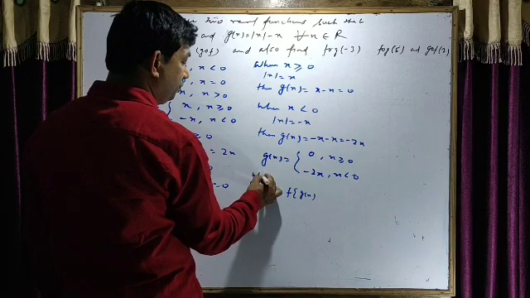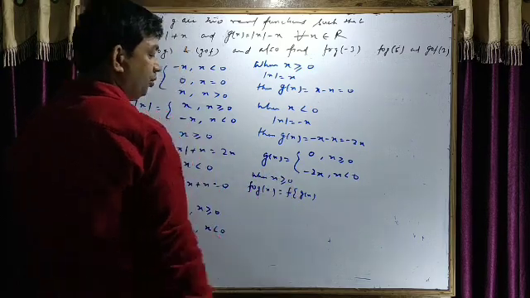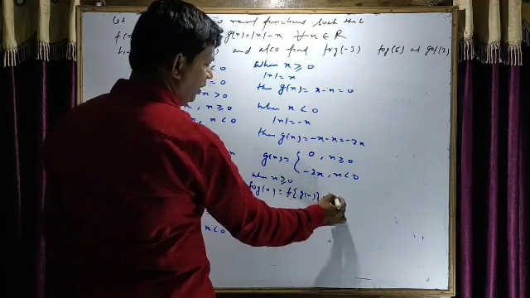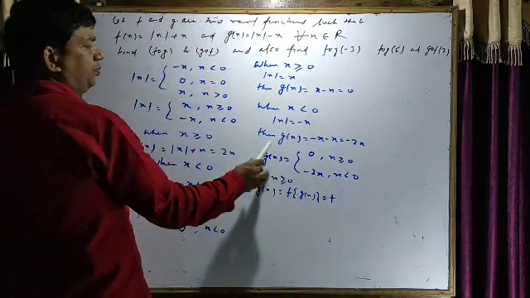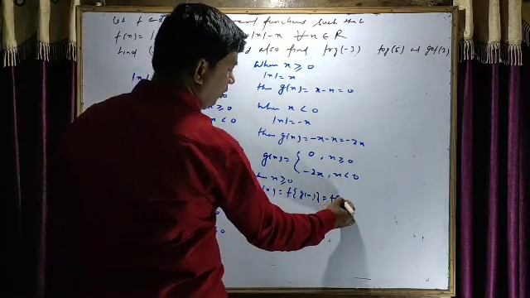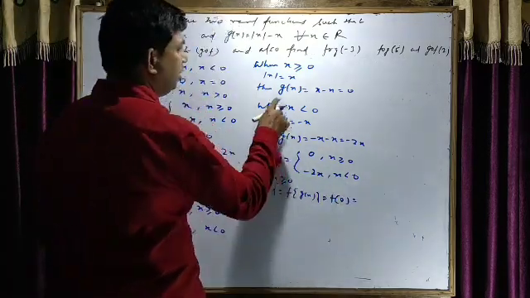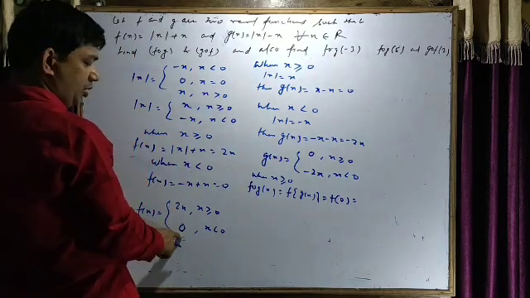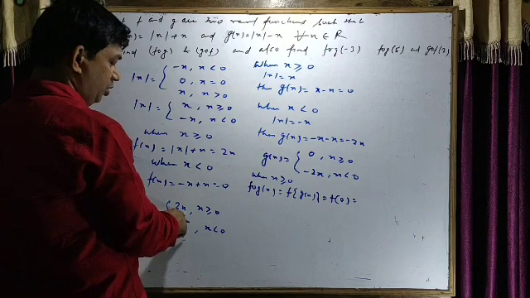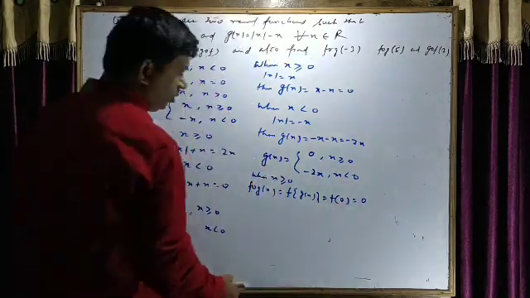When x is greater than or equal to 0, g of x is 0, so f of 0 means 2 into 0, so 0.